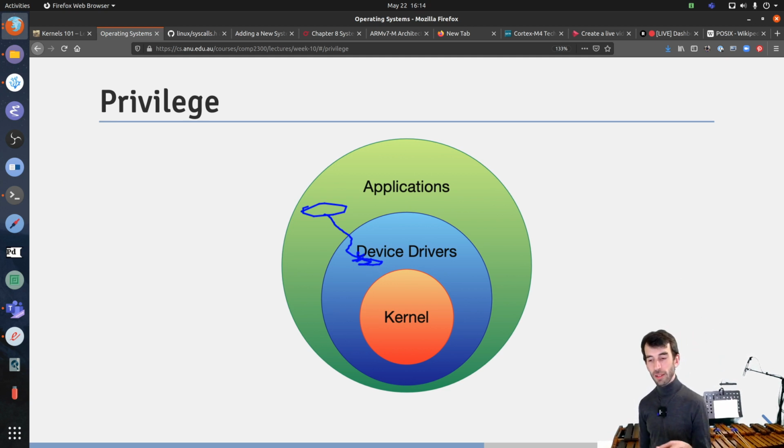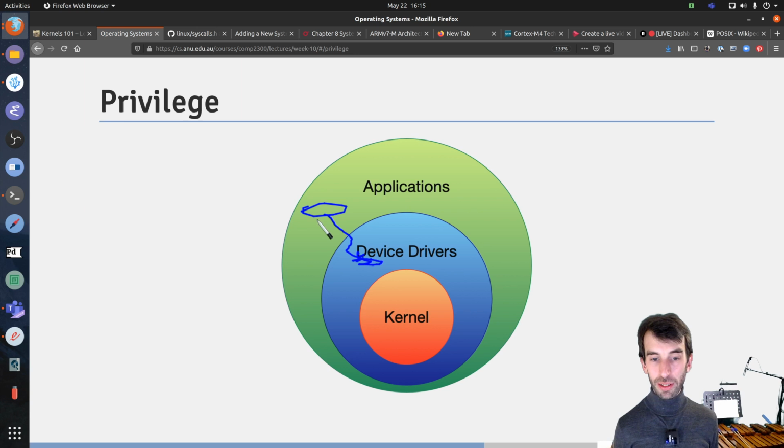Well, if I write a program which directly starts talking to my video card, I might talk to it in the wrong way, and then my video card might stop talking to the rest of my computer, and then none of my programs will be able to display stuff on the screen. So we have to be careful about how we interact with hardware, because if it goes wrong, everything else on the computer goes wrong with it.